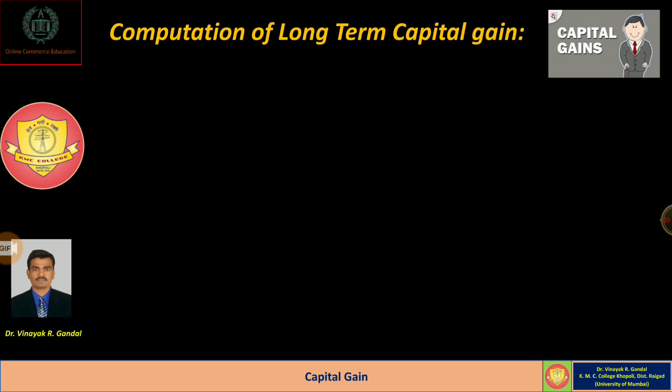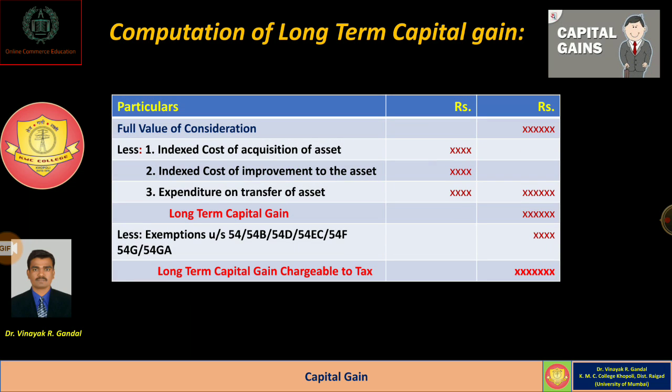Then we have to consider the chart for computation of long-term capital gain. First of all, we consider the full value of consideration, or sales proceeds from transfer of a long-term capital asset, and we deduct the indexed cost of acquisition, indexed cost of improvement and expenditure on transfer of the asset.